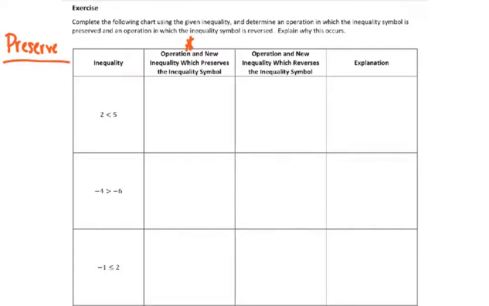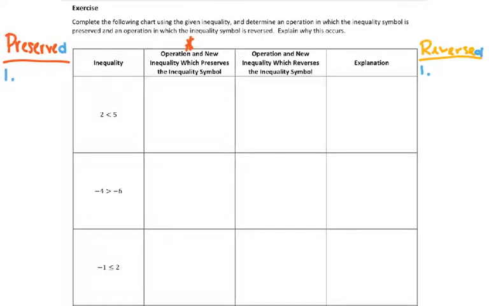And over here, I'm going to write reverse, just to give us a little bit easier of a time figuring this out. Okay, so we have two of each. There are two properties of inequality for each preserving and reversing our inequality symbol.